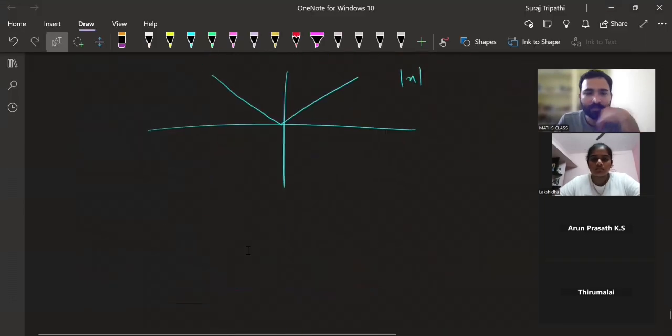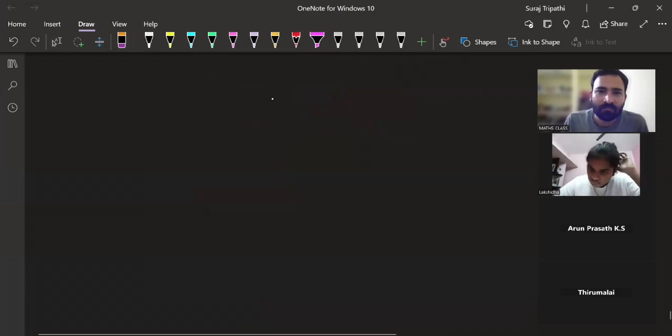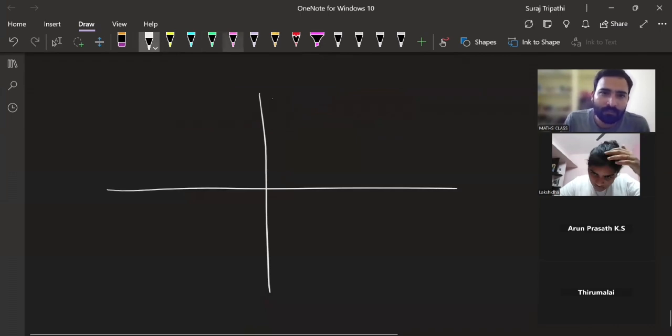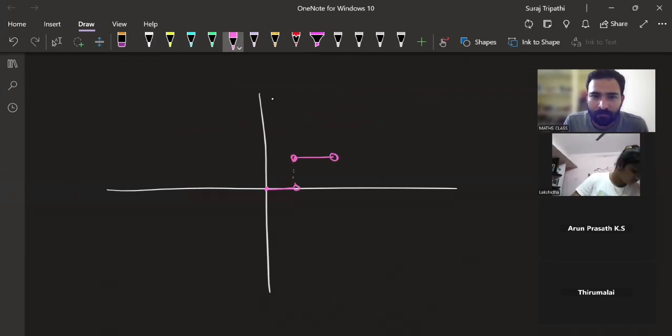Now let's draw on the same Cartesian plane. This is the Cartesian plane, and the first graph I'm drawing with this color pen. So this is the first graph. It's like this.